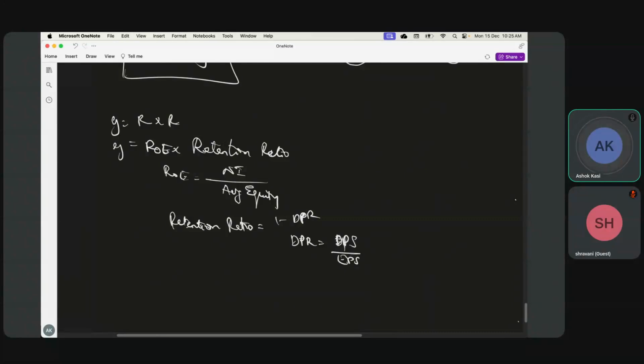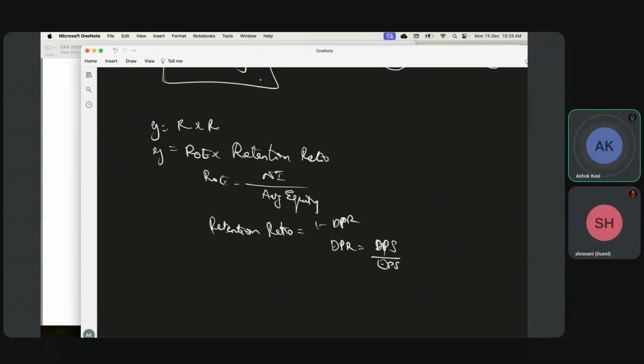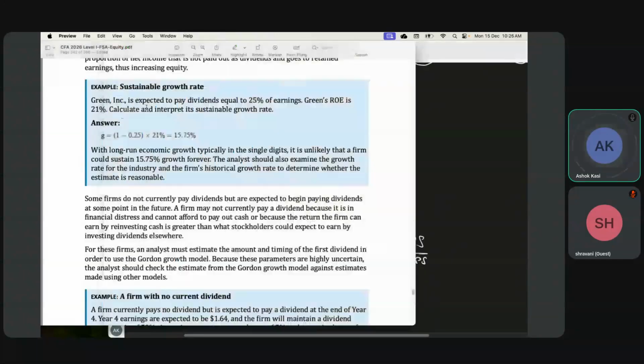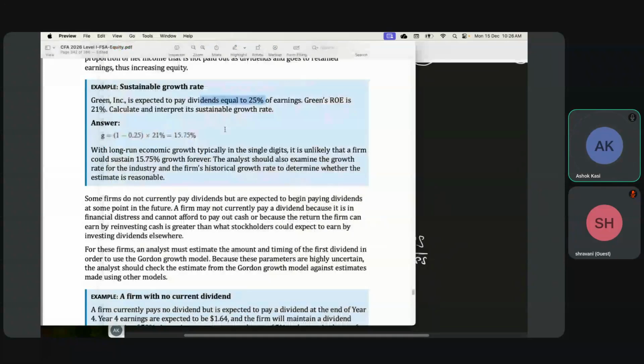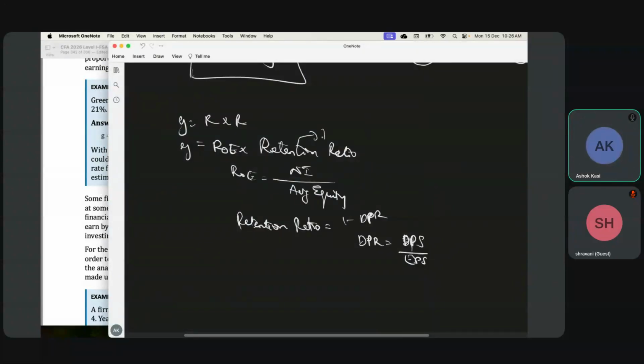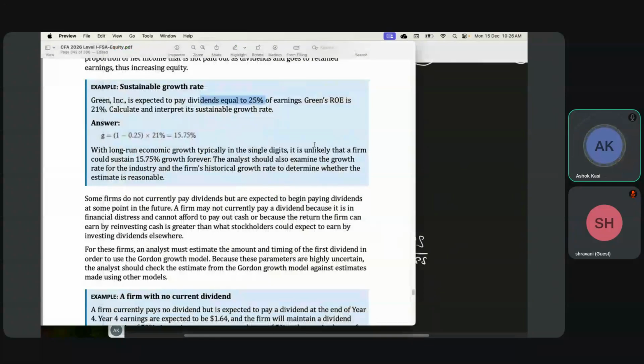These are the formulas. Based on this, you can get the growth rate. Here it is directly given. Dividend paid is 25% and return on equity is 21%. So if dividend paid is 25%, retention is 75%. Multiply these two, 21% into 75%.